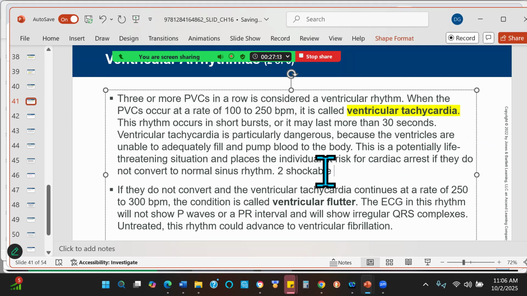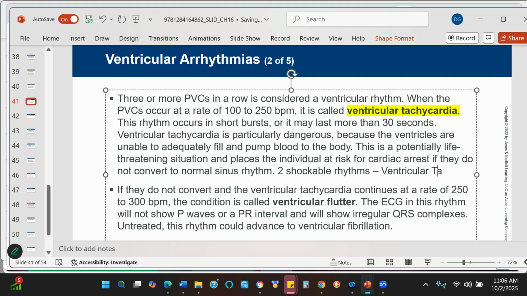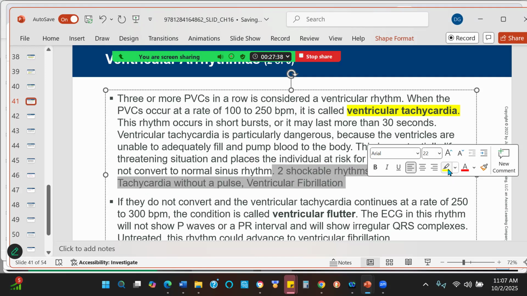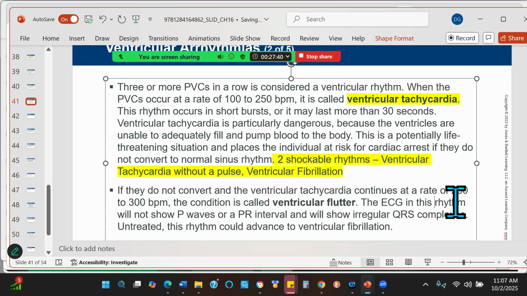Two shockable rhythms, these are the ones that get defibrillated: ventricular tachycardia without a pulse and ventricular fibrillation. Those are your two shockable rhythms that get immediately defibrillated, and you definitely need to know that for boards and probably for this test also.